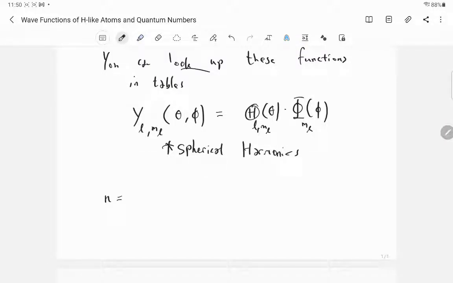Let me ask a question real quick. So n equals 2, L equals 4, m sub L equals -5.